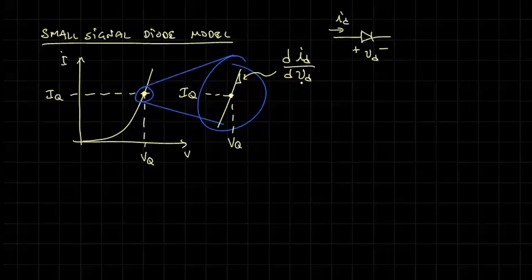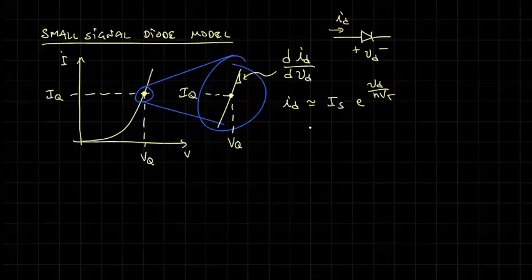Our Shockley equation says that ID is approximately Is e to the VD over N VT. So we need to take the derivative with respect to VD.